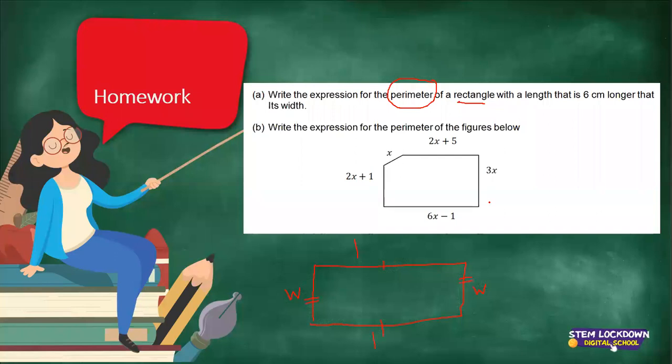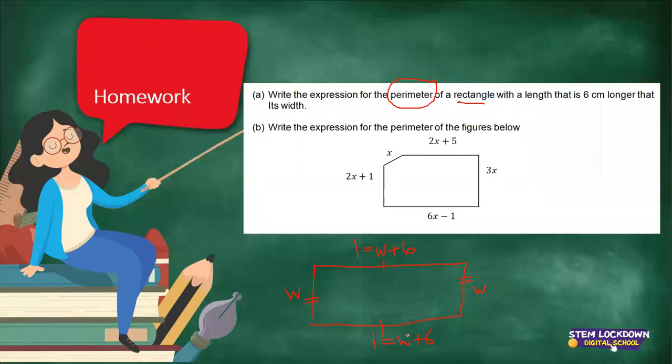Now, question 1 says, what is the expression if the length is 6 centimeters longer than the width? In other words, the length is actually the size of the width plus 6. So here again is the width plus 6. Some of you are using X. Some can say the width is X plus 6. That is fine as well.